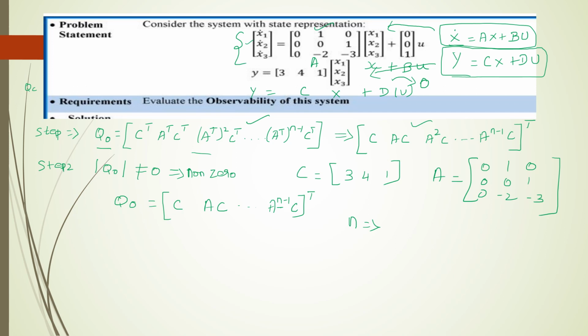We have 3 state variables here, so n is equal to 3. The formula is A to the n minus 1, so 3 minus 1 gives 2. So we need to find up to QO: C, CA, CA square, the whole transpose. After finding this QO, we need to take the determinant of this QO. This is how we need to proceed with the problem.